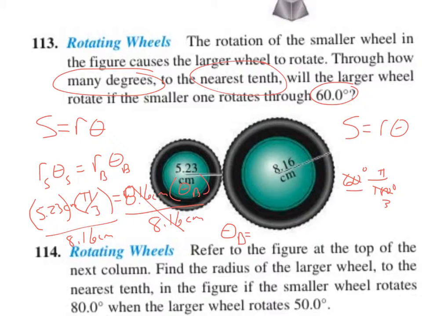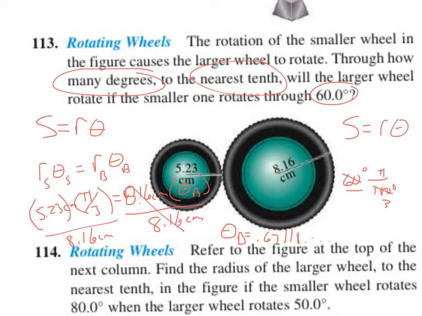So what I'm punching in my calculator is exactly this: 5.23 times pi divided by 3, enter. Get an answer of 5.47-ish, divided by 8.16, enter. Turns to a radian measure of 0.67118, and so on and so forth.